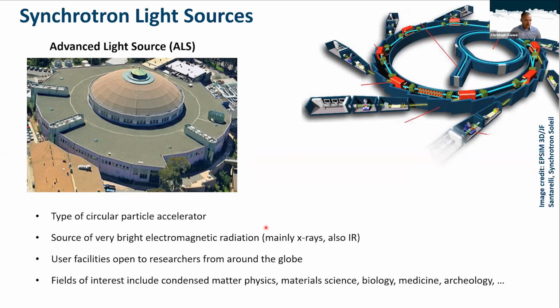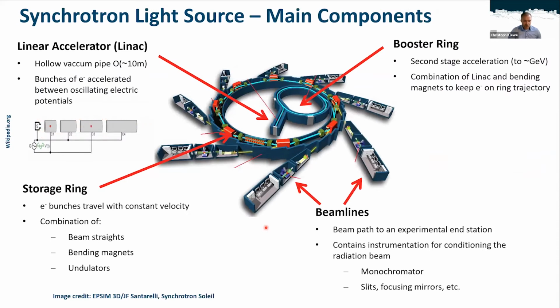And typically synchrotrons operate as user facilities where scientists from all over the world can apply for beam time, and then they get allocated beam time and can use the equipment at the synchrotron for their studies. And the research interests can include anything from condensed matter physics, material science, biology, medical research, and even archaeology.